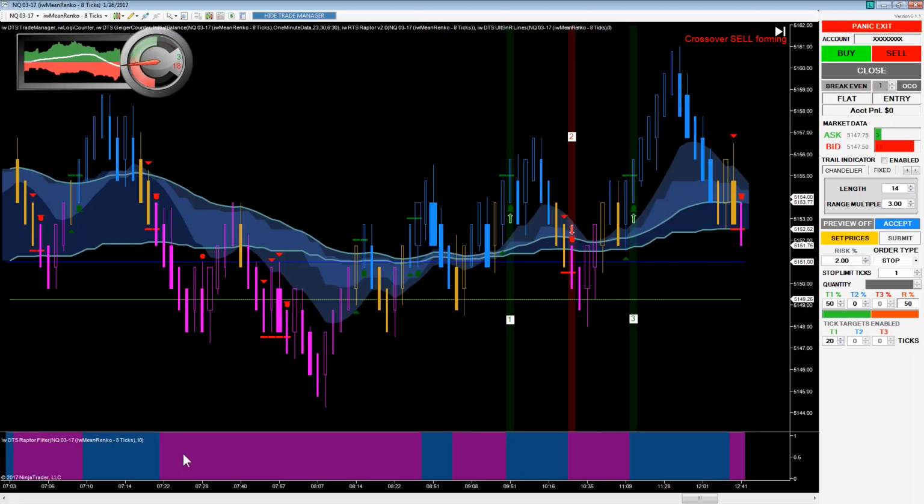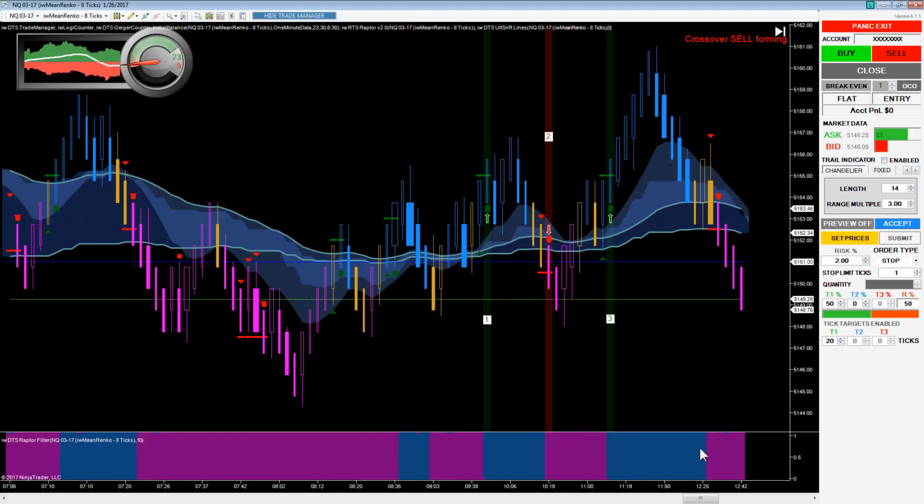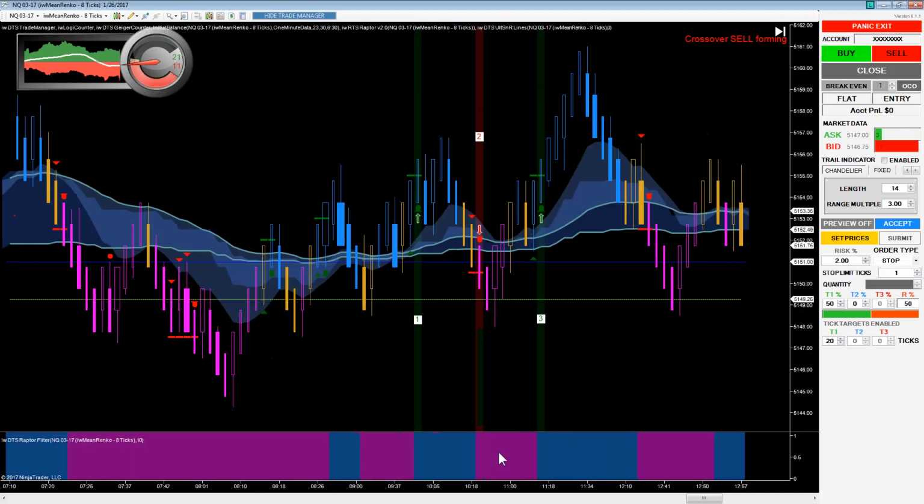You see that? You see how we went from a big purple block to larger blue blocks and smaller purple blocks? Now, you shouldn't dissect this to the nth degree. You should step back a little bit and say, yeah, it looks like we're getting more bullish momentum here, and bearish momentum seems to be waning.